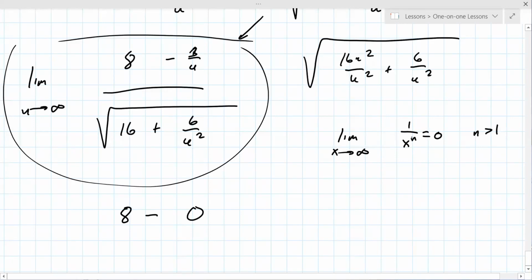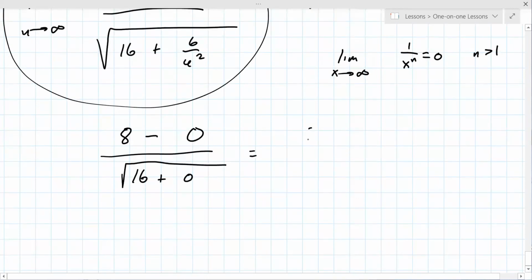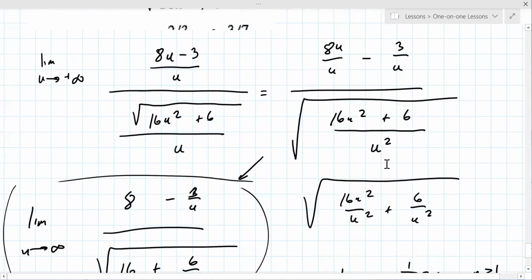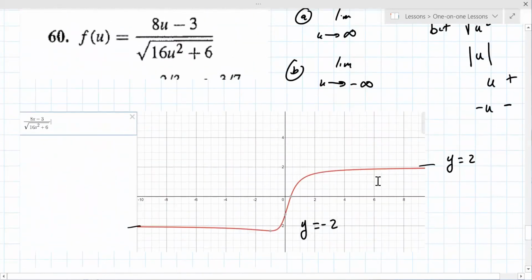This 3 over u is like this. 6 over u squared is like this because n is 2, 2 is bigger than 1. So this goes to 0. So it's square root of 16 plus 0. So this becomes 8 over the square root of 16, which is 8 over 4, which equals 2. And that's what we saw in the picture here.